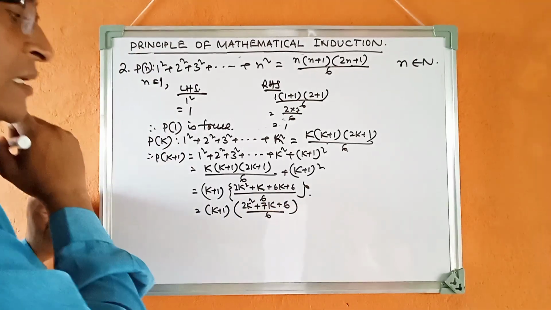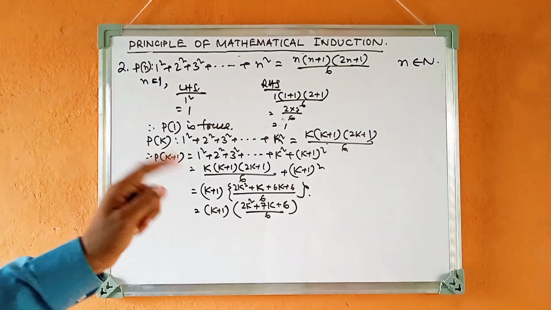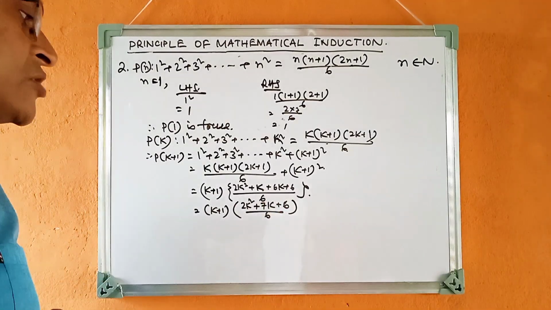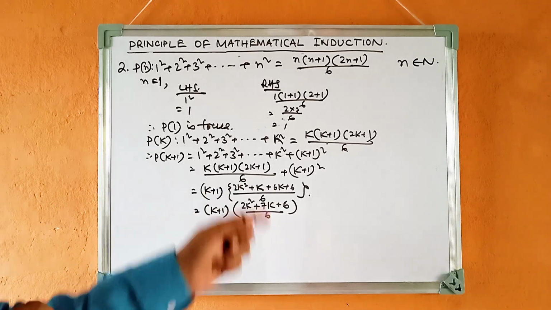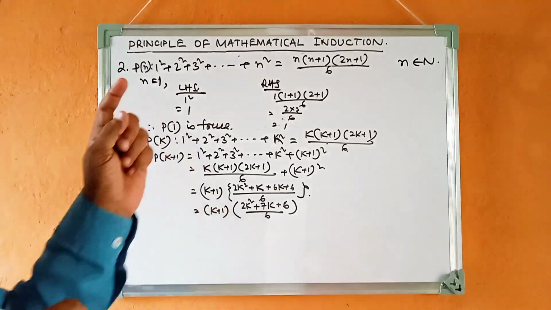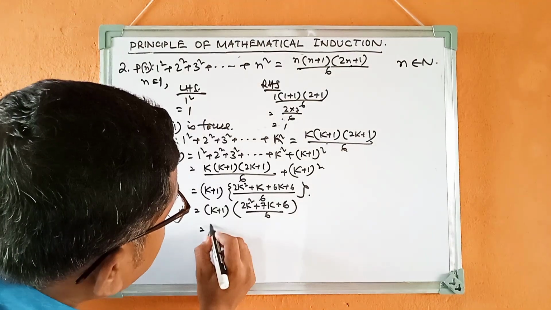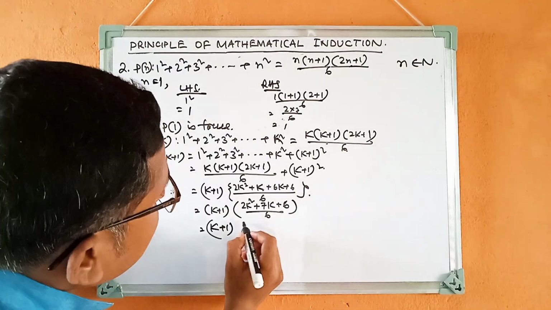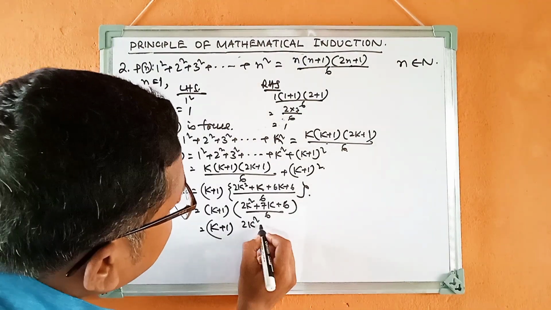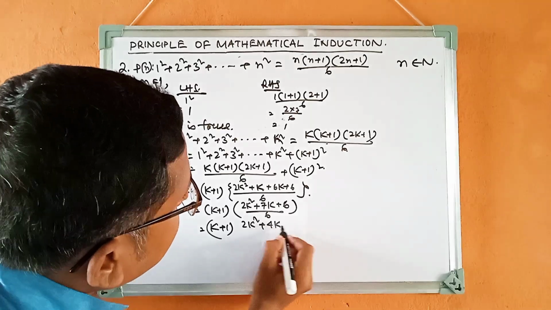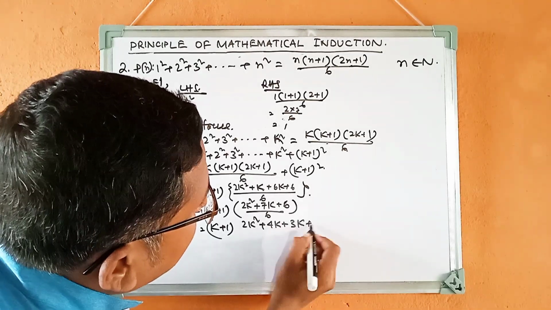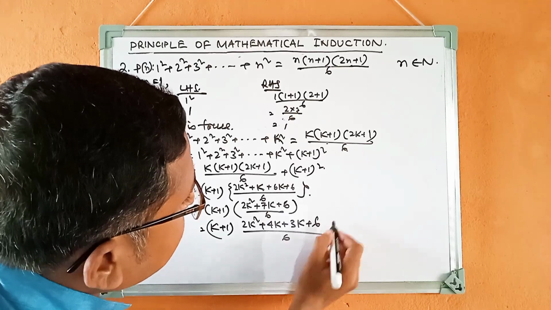Clear or not? Now do the middle term factorization in the numerator. So here is 6 into 2 is 12. From 12 we get 7. How? 3 and 4, 4 plus 3. So you write k plus 1 into 2k square plus 4k plus 3k plus 6 divided by 6.